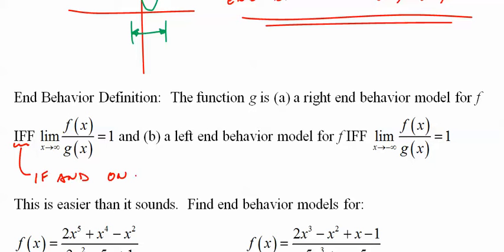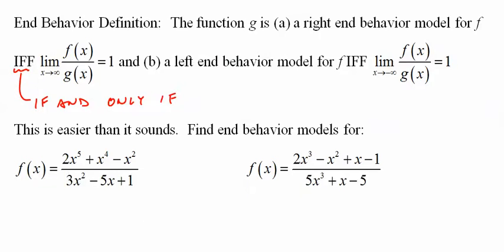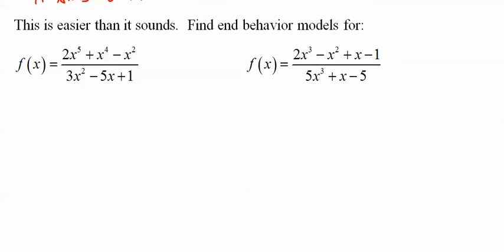Whenever I can save time and space, I do. And here are examples of the kind of problems you'll do. Give me an end behavior model. Well, biggest power, forget the rest. Don't have to worry about them. And the end behavior model is just going to be the limit as x approaches plus or minus infinity of that function.